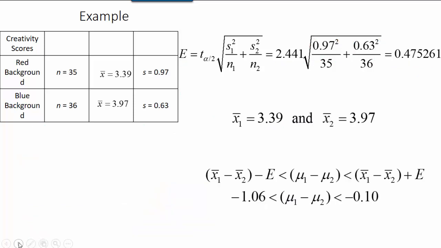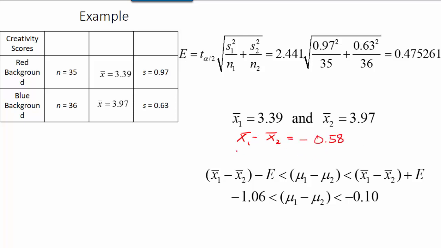Okay, so plugging into our confidence interval formula, which we find on our formula sheet, we are going to have to subtract x1 minus x2, the difference in the means. And remember, x1 is our 3.39, x2 is our 3.97, so the difference, x1 minus x2, is going to be negative 0.58.